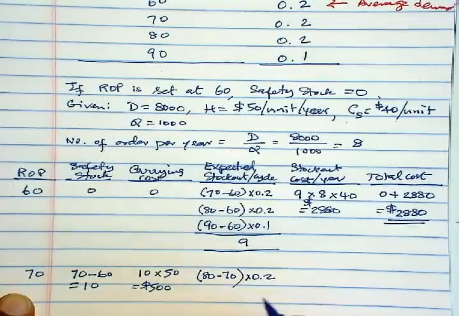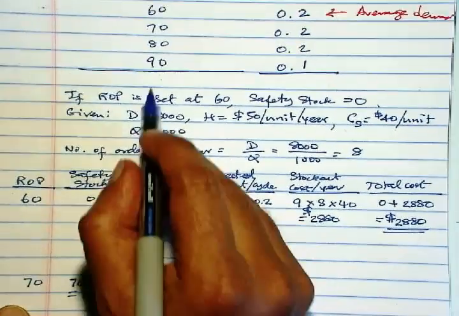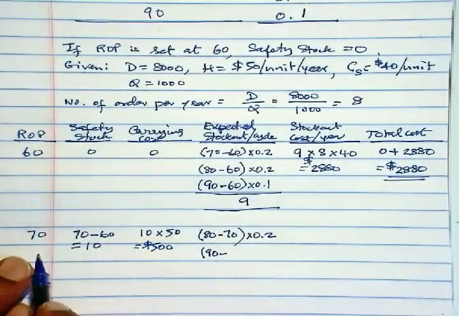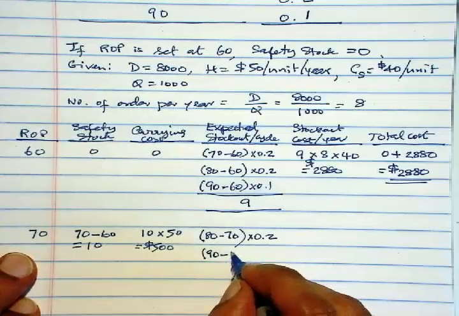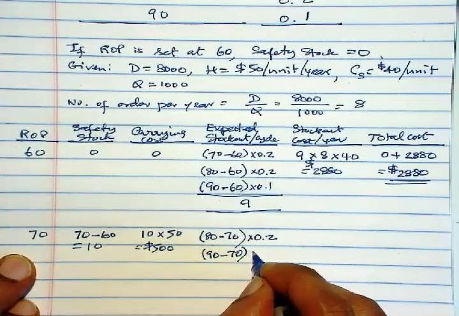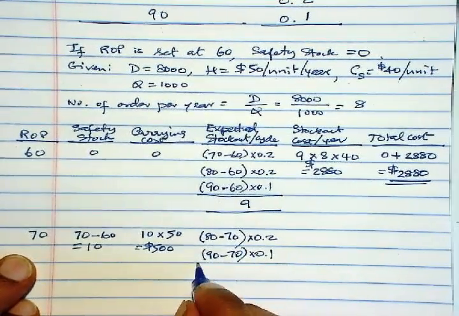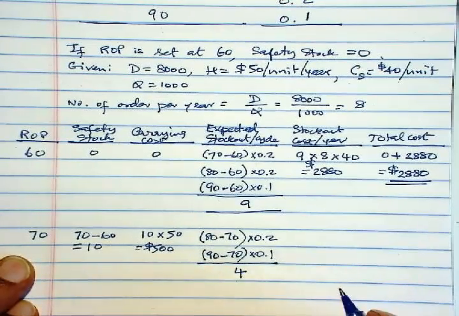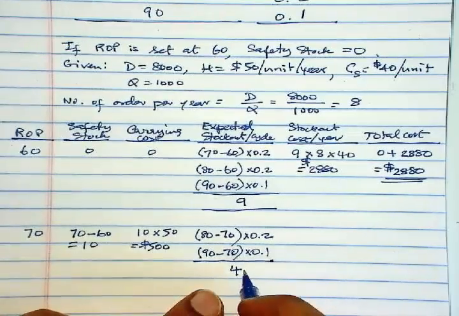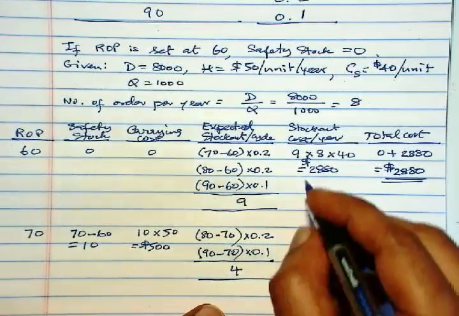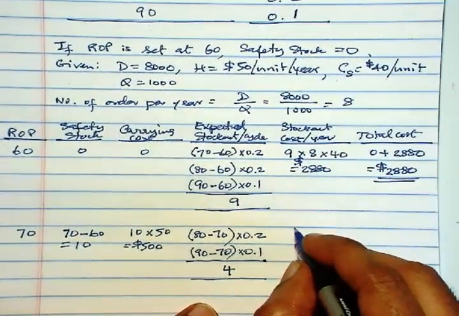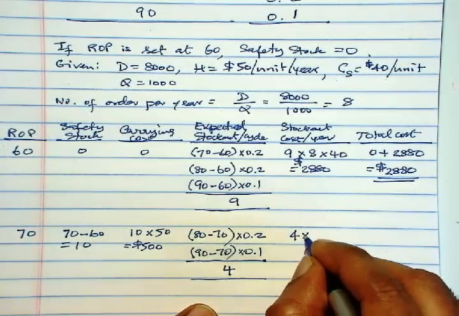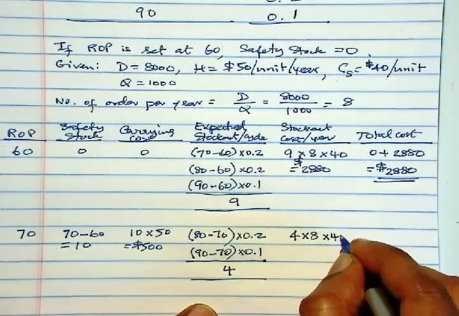And then one more case is 90. If the demand is 90, once again, anything over 70 is what will be stock out. And that probability is 0.1. So this sums to 4. So 4 stock outs per cycle. So stock out cost per year would be 4 per cycle, there are 8 cycles and $40 per unit.